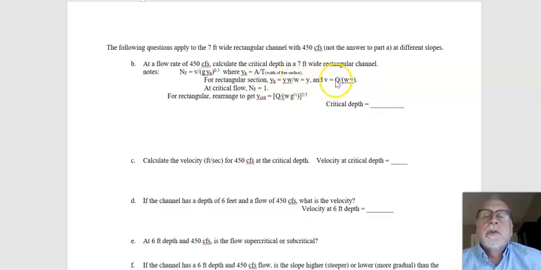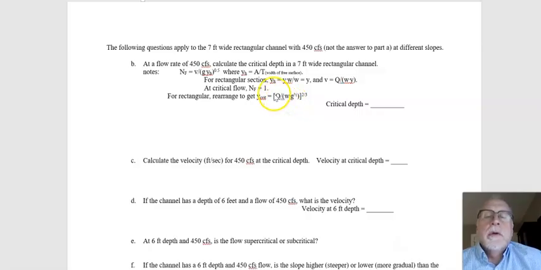And v is q over the cross-sectional area, which is the width times the depth. At critical flow, the wave velocity equals the velocity. The flow number is 1. Arrange that, you get the equation for y critical. So punch in those numbers and get the critical depth.